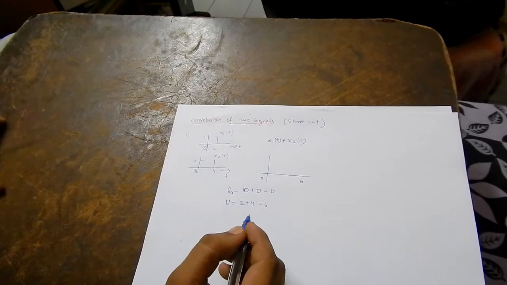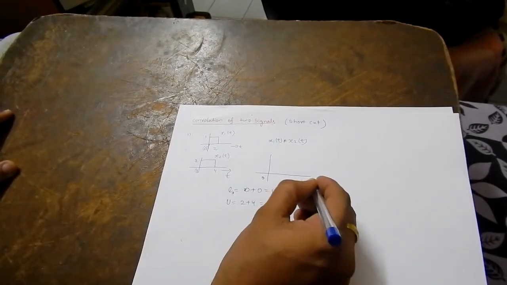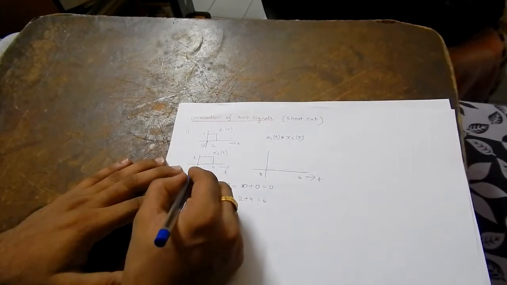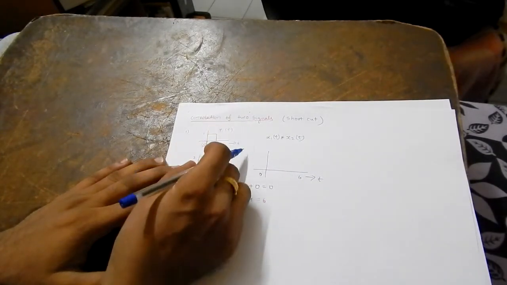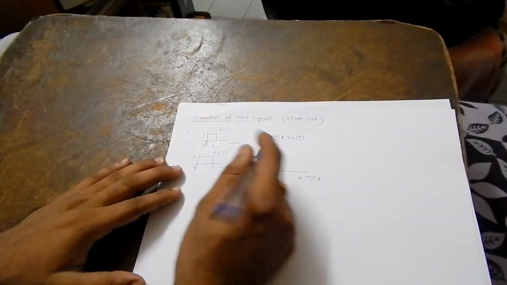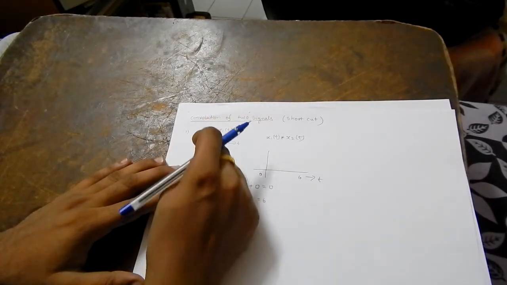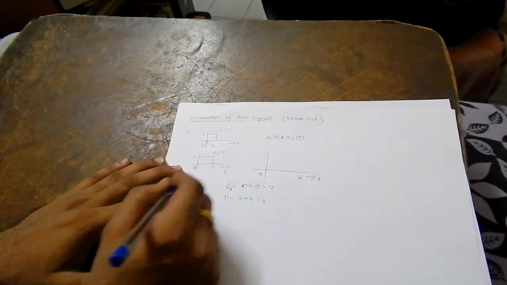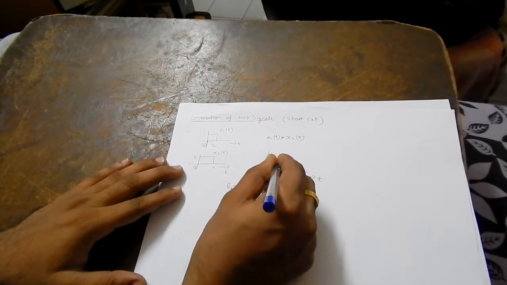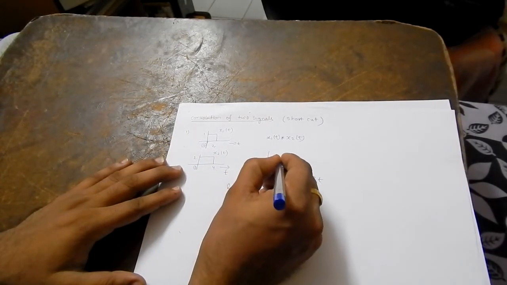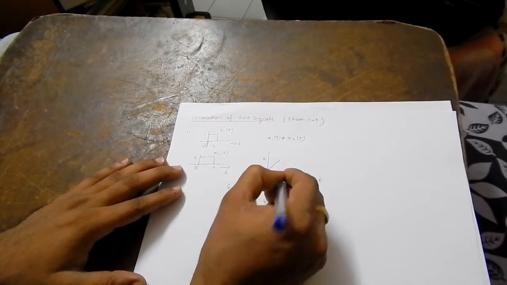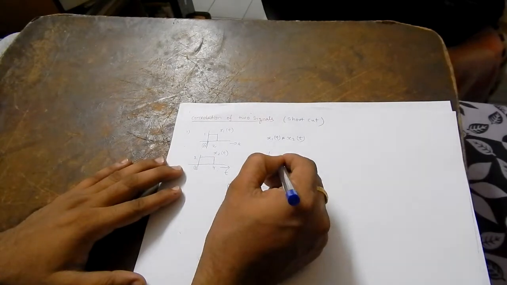Now, what is the signal we are obtaining here? From 0 to 2, the signal exists for both signals. That means 1 into 1, 1 into 2, so we are getting 2. What is the integral of 2? 2t. Okay, so up to here we are obtaining a 2t ramp.